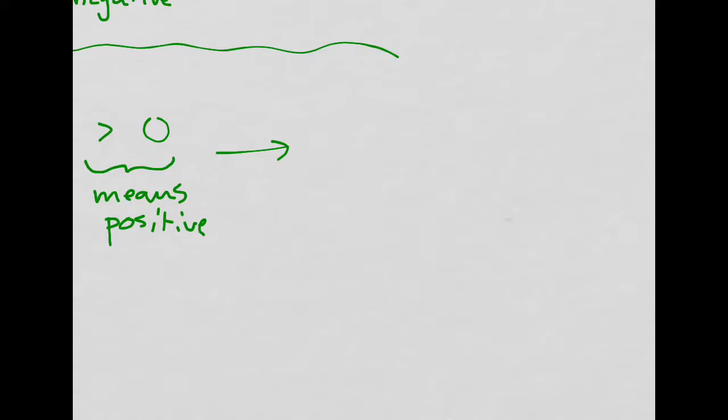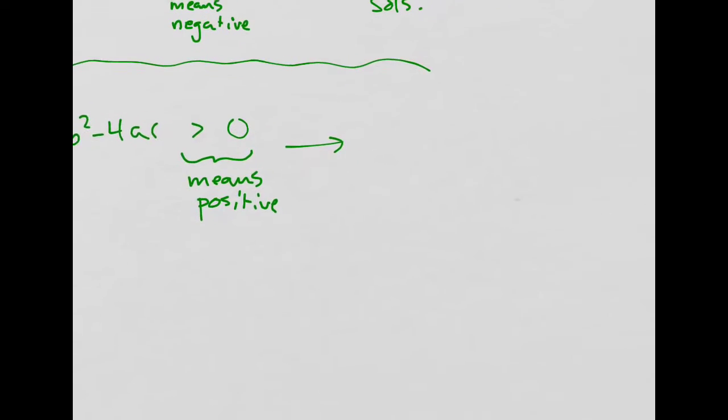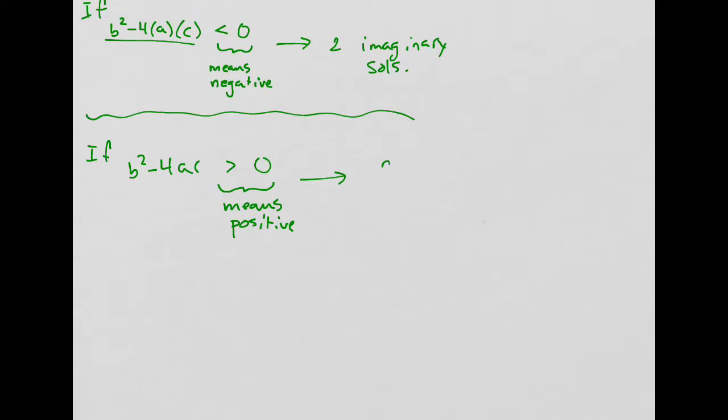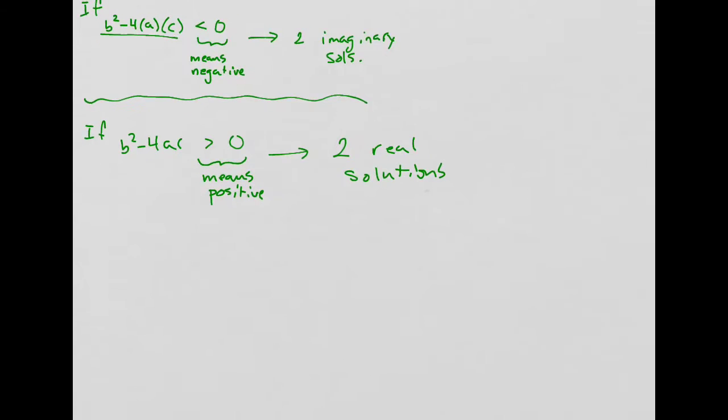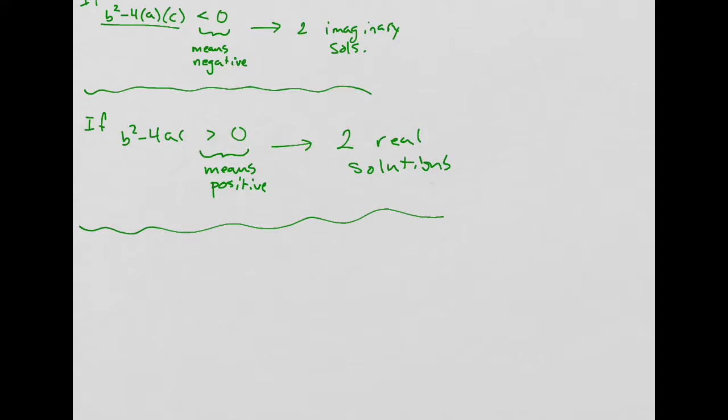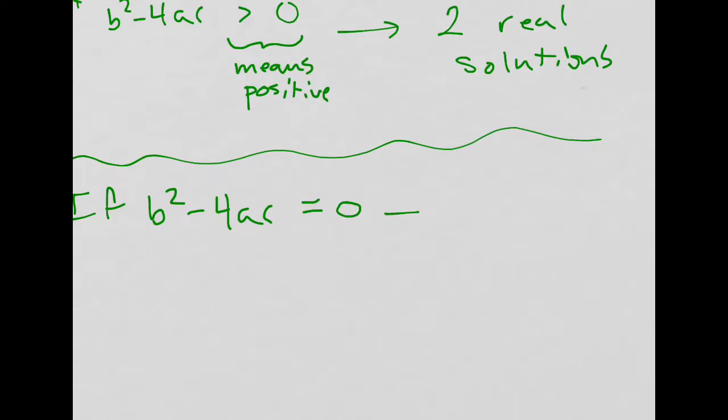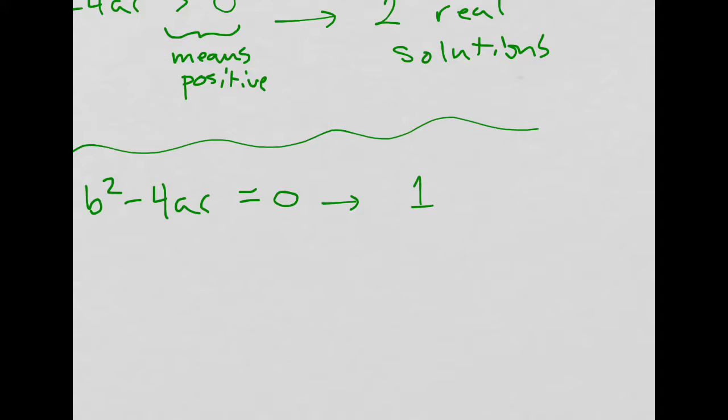It might not be pretty, it might not be a whole number, it might be just a radical, irrational number, but this means that you have two real solutions. And if it's equal to 0, that's the last case. That means you have one real solution.